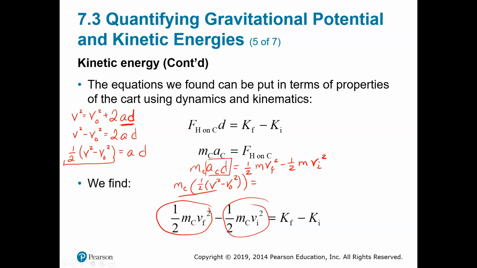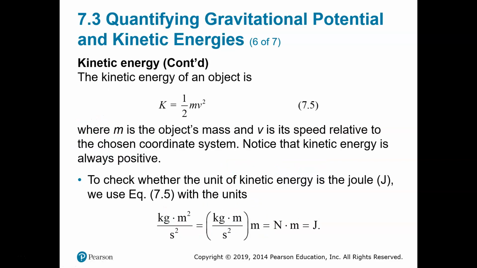So we could use kinematics and forces and go, hey, look, the kinetic energy is 1/2 mv squared. M is the mass of the object. That is going to be in kilograms, guys. And v is the speed relative to the chosen coordinates. Again, that's going to be in meters per second. We're back to our standard SI units. That's going to give us a unit for kinetic energy of a joule.